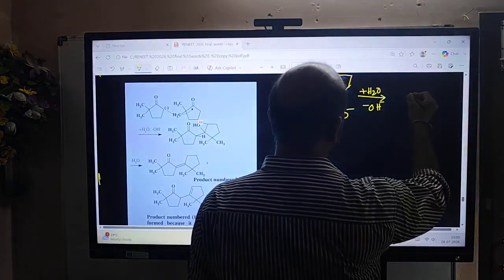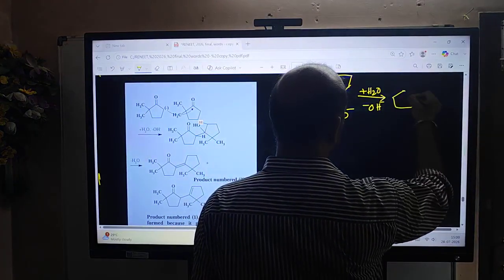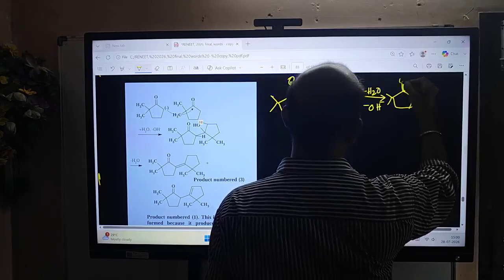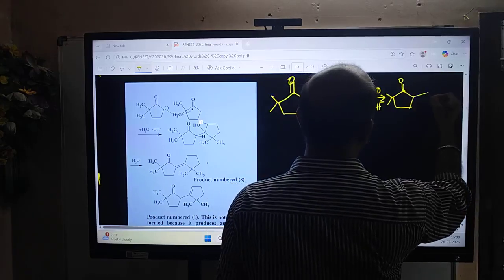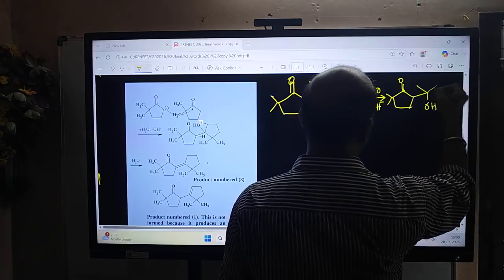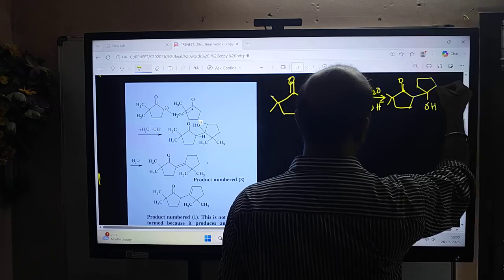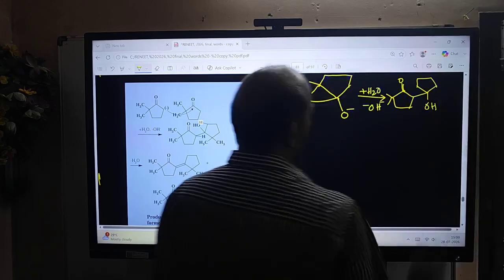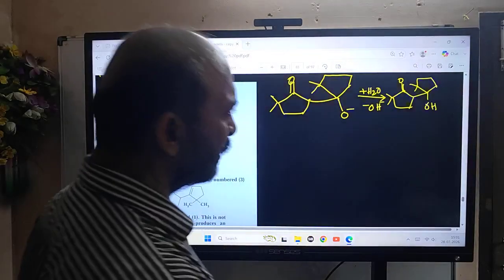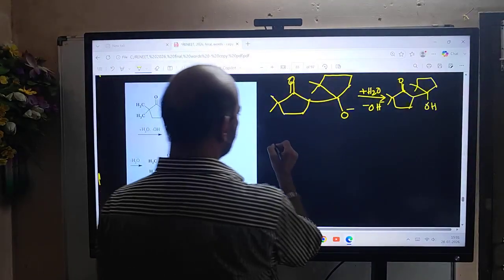So what do you get? This will be obtained. And what is the next step? Elimination of a water molecule.